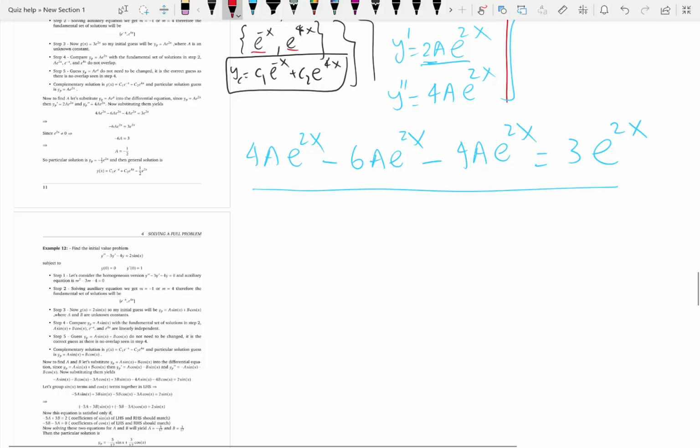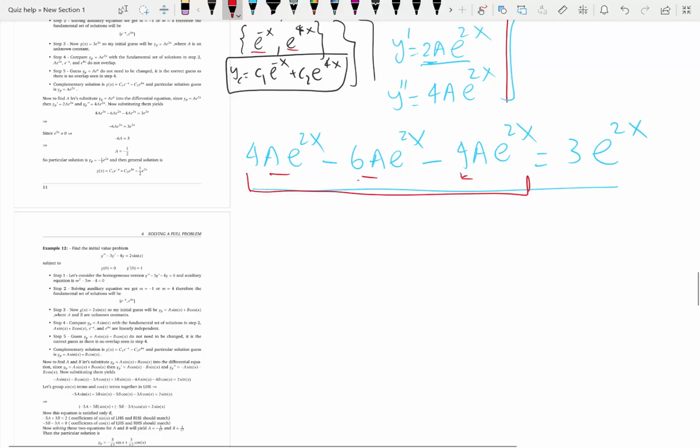Now what we are going to do is simplify the left hand side. To simplify the left hand side, we can see we have all three similar terms, right? So 4 minus 6 is negative 2, negative 2 minus 4 is negative 6, right?